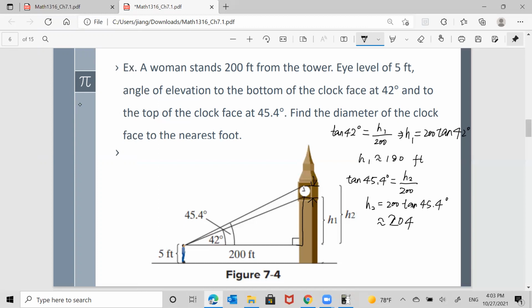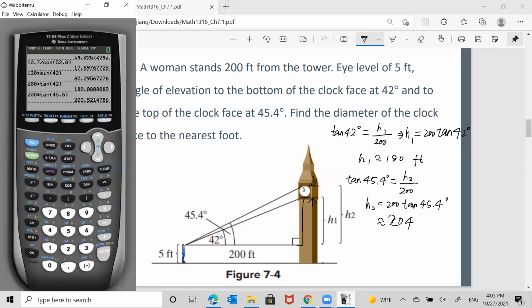And then the diameter equals H2 minus H1. Is that 204? Let's go back and check. Oh, I know where my problem is. Look at my number here. The angle should be 45.4, it's not 45.5. So let's do it again.